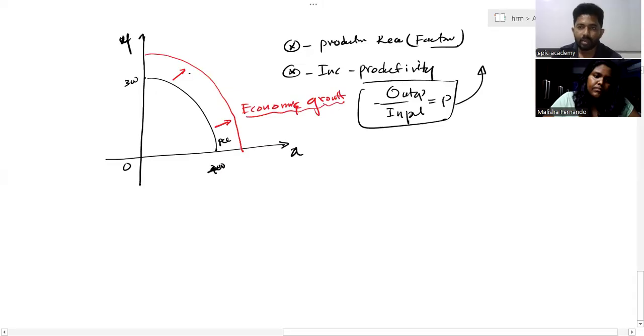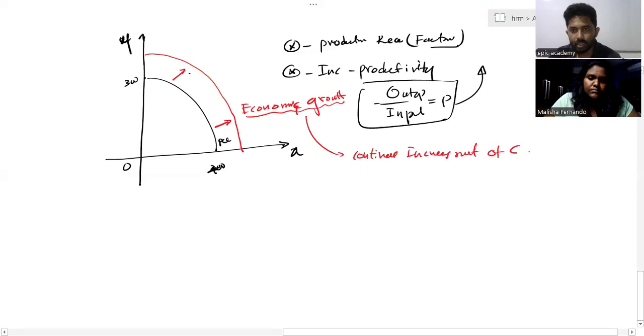Economic growth means the country continuously increases the gross domestic product in the economy. Continuous increase of GDP, gross domestic product, in the country.